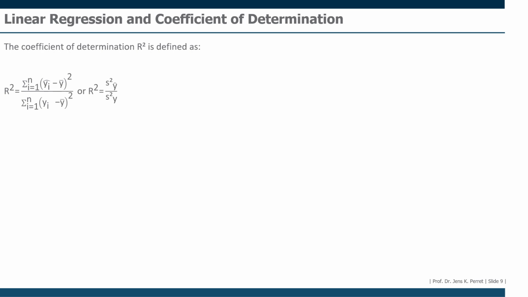So here I'm just repeating it. We could also see this as some kind of variances, and that's the big advantage: if we have only a simple linear regression, we could make our lives even easier, because in this case, R squared is nothing else than the Bravais-Pearson correlation coefficient squared.